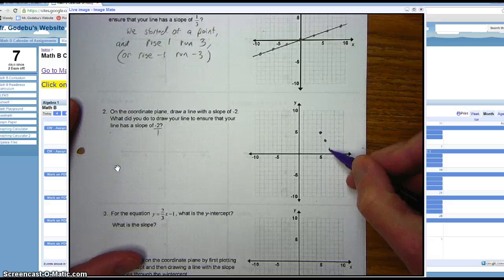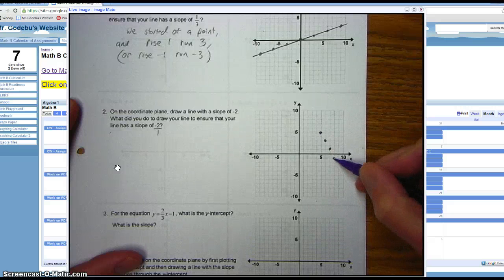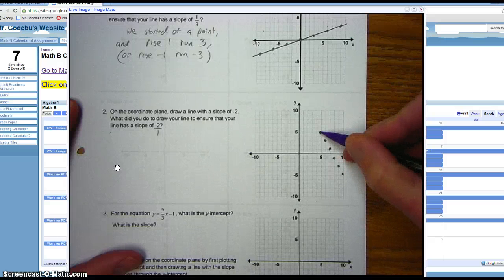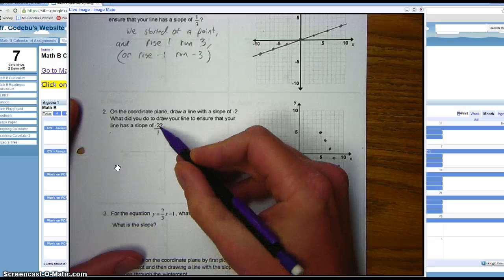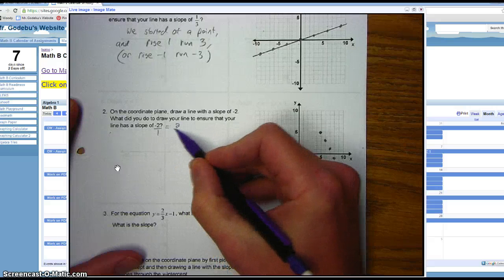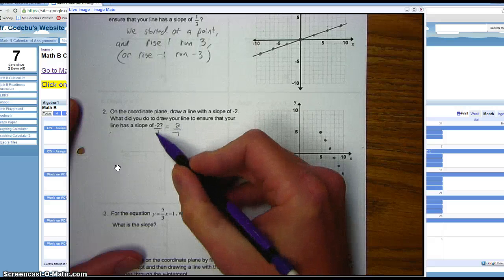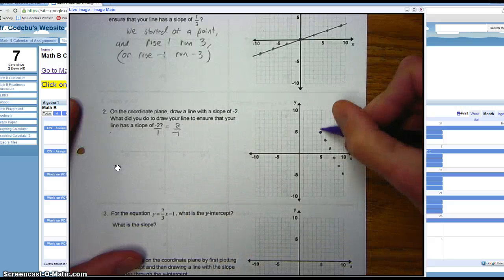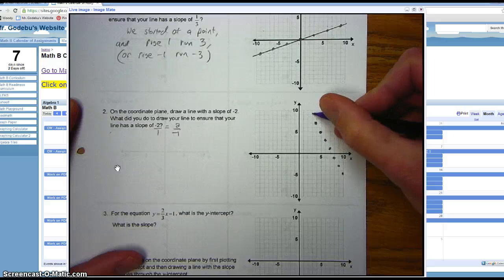Down 2, right 1. Down 2, right 1. Instead of down and right, the opposite of that would be, like if I wrote this, instead of going down 2 and right 1, I could go up 2 and left 1. Up 2, left 1.